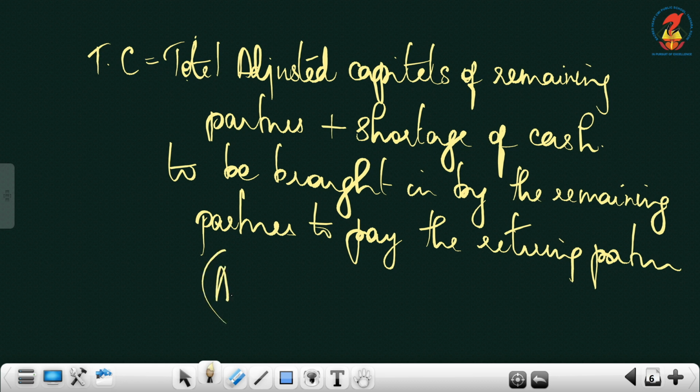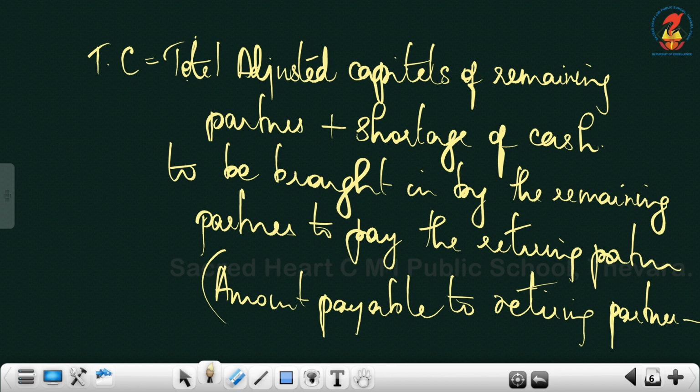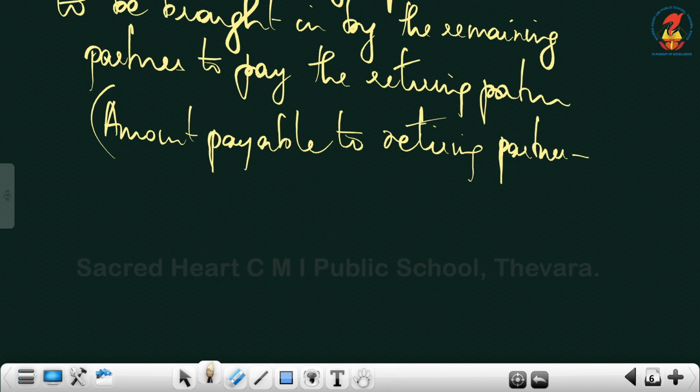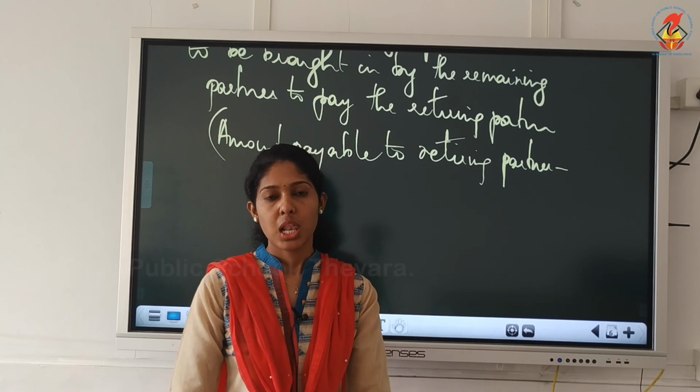Now how will you get this figure? You should write this formula within brackets: amount payable to retiring partner. Amount payable to retiring partner means the balancing figure of retiring partner's column, or the amount you are transferring to his loan account.